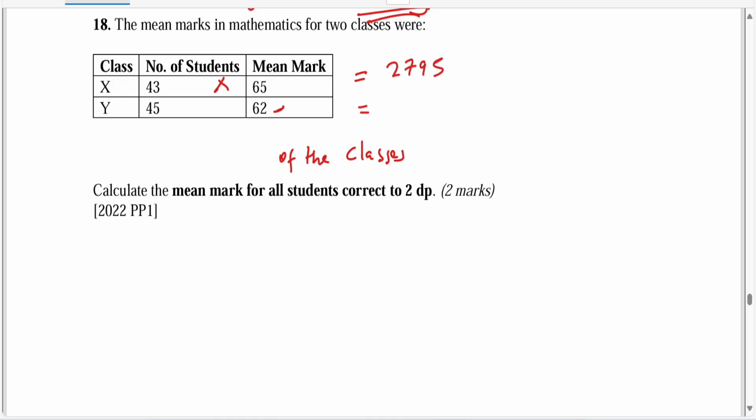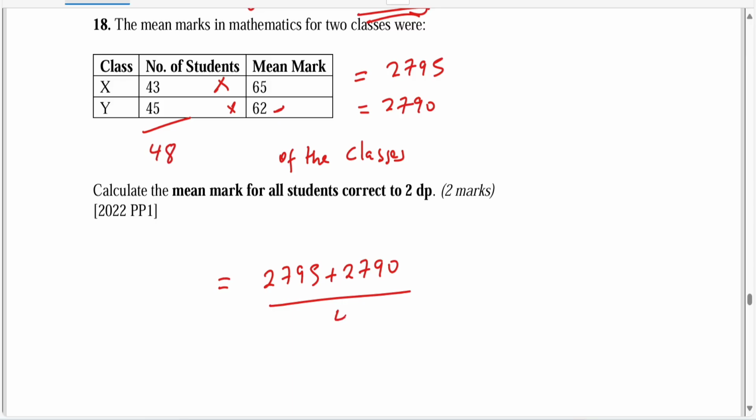And then we take 45 times 62, which is 2,790. Now we add those up. So 2,795 plus 2,790 divide by the total students, which is 43 plus 45.